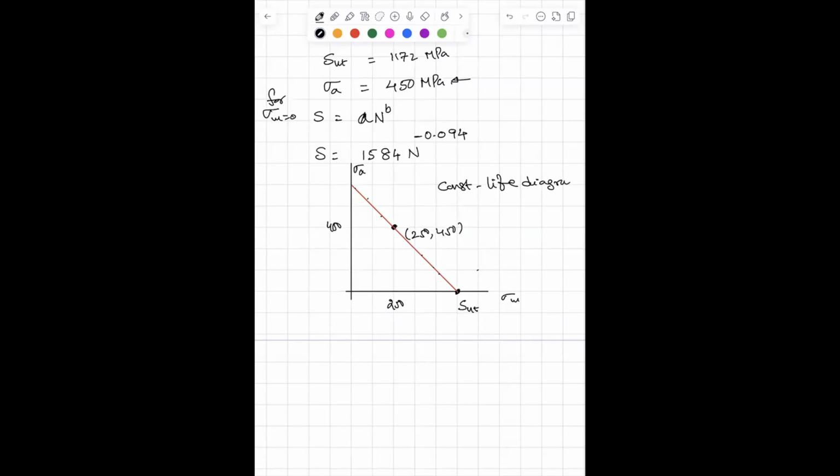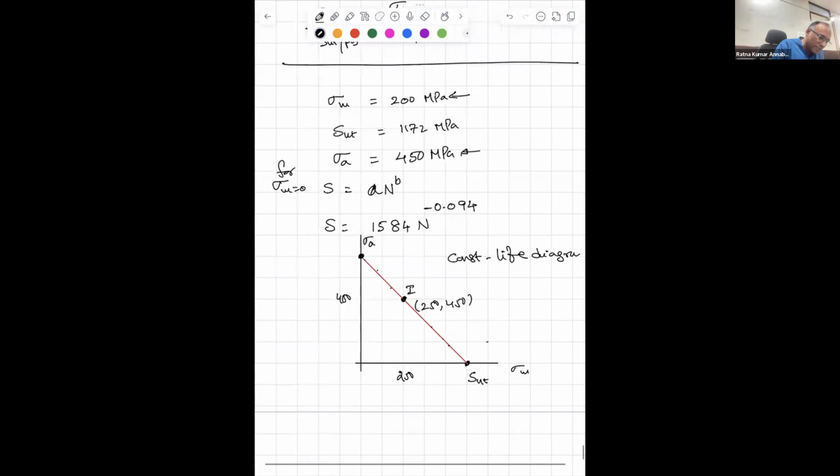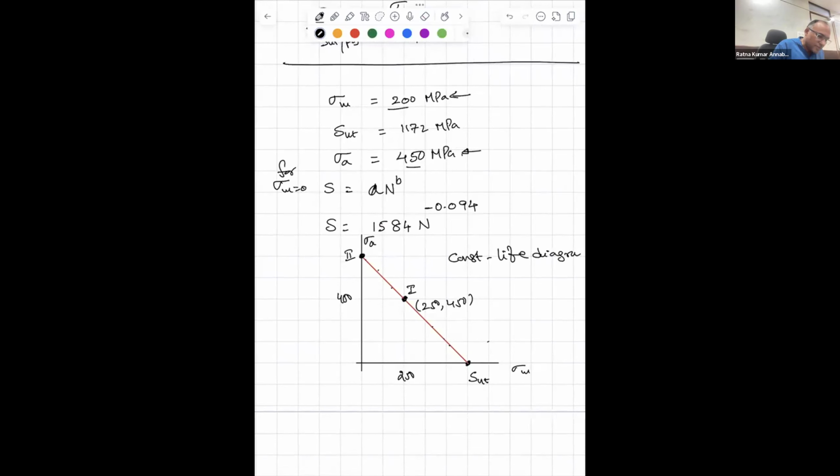Which means this point and this point will have the same life. Let us say this is point 1, where the actual scenario of the 200 and 450 combination is there. Let us say this is point 2.